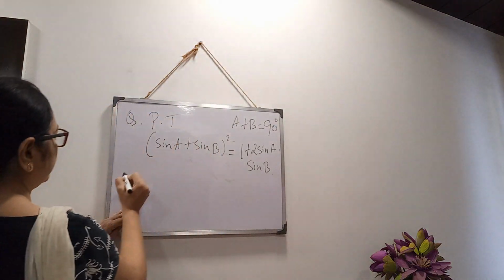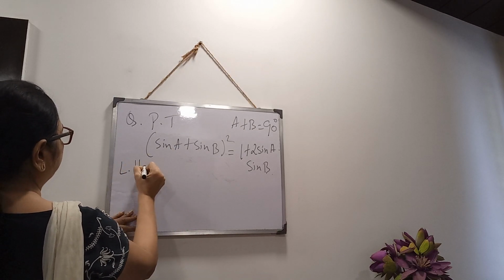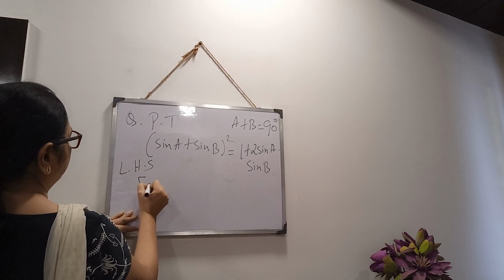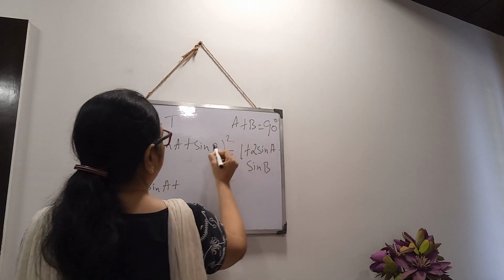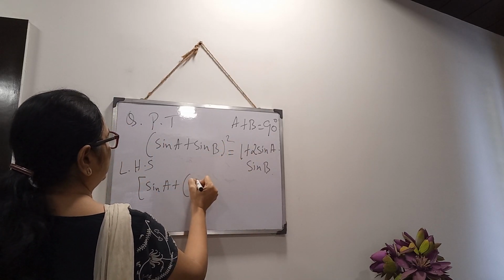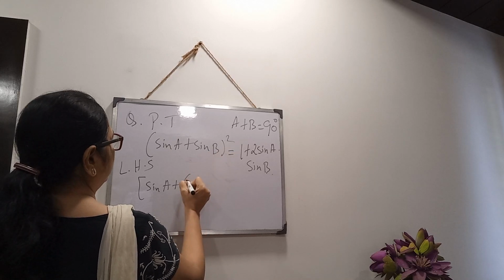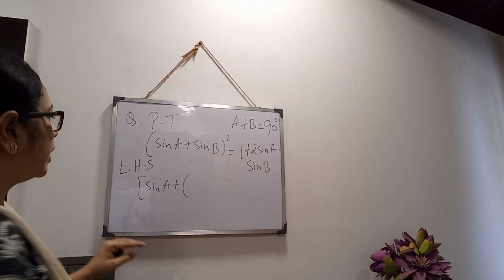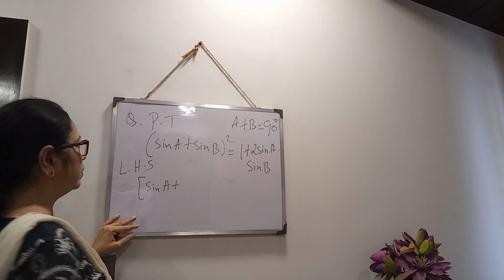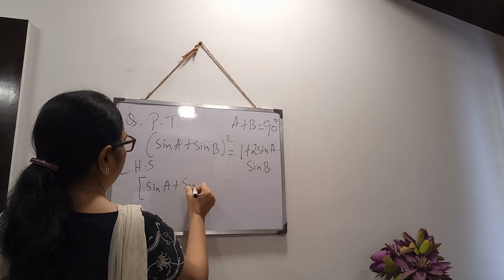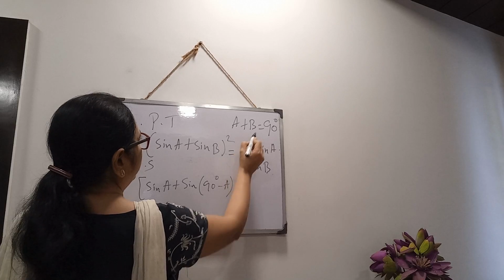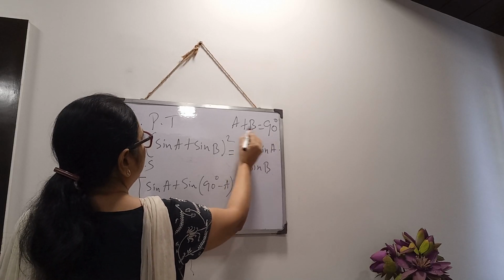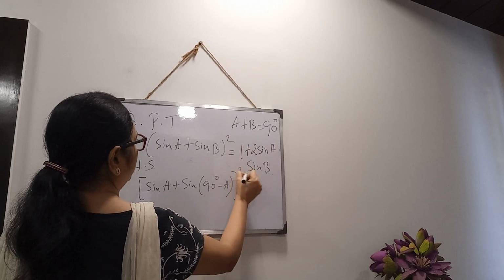Now from the left hand side I am starting. Sin A plus sin B, where A plus B is 90. Now convert B in terms of A. So it is coming sin A plus sin of 90 degree minus A, we can write B equals 90 minus A, whole square.